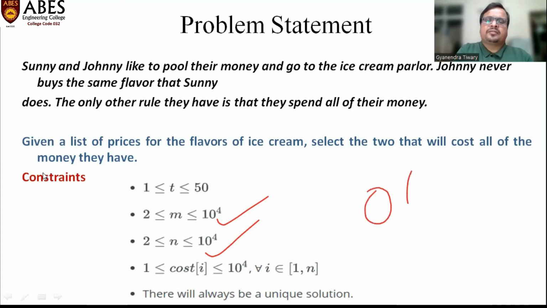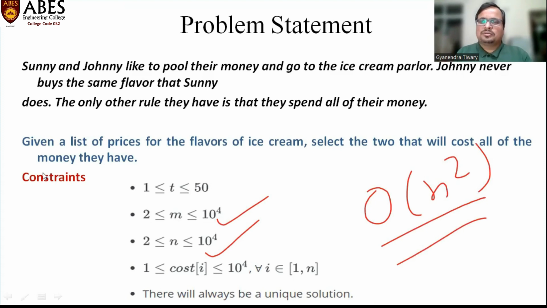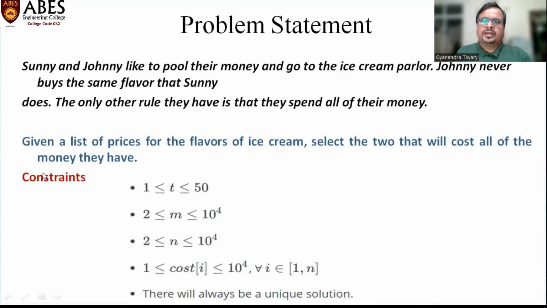This simply says that we can go for an n square solution as well, right? So we don't have to think much about optimization, though we can do optimization, and we will cover that in the next video. But here we will see a really simple solution for this problem, which will pass all the test cases. Also in the constraints, they are saying that the elements of this cost array also range from 1 to 10^4, right?